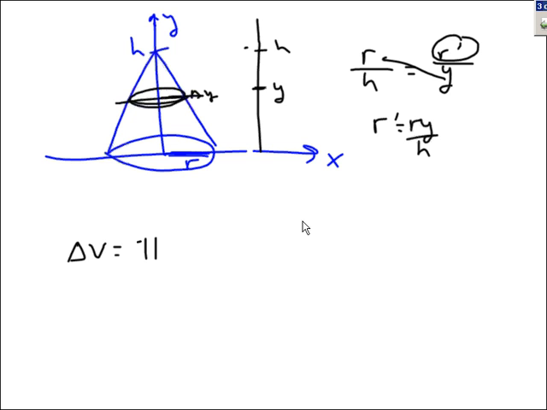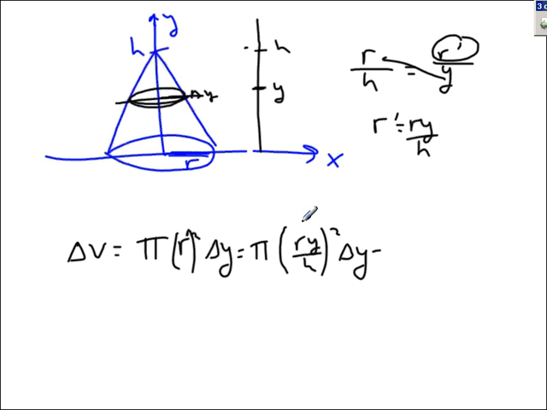Well, if we know the radius, we can find the volume. It's the base, pi r squared. The base is our circle. It's pi r prime squared times the thickness. But we know what r prime is. It's r y over h, squared, times the thickness, which is pi r squared y squared over h squared times the thickness.